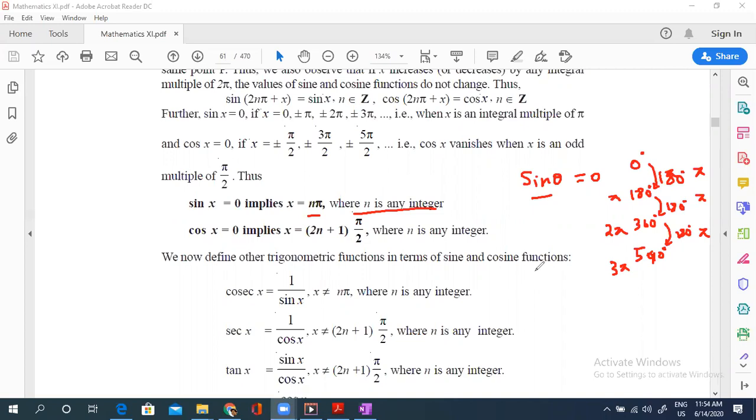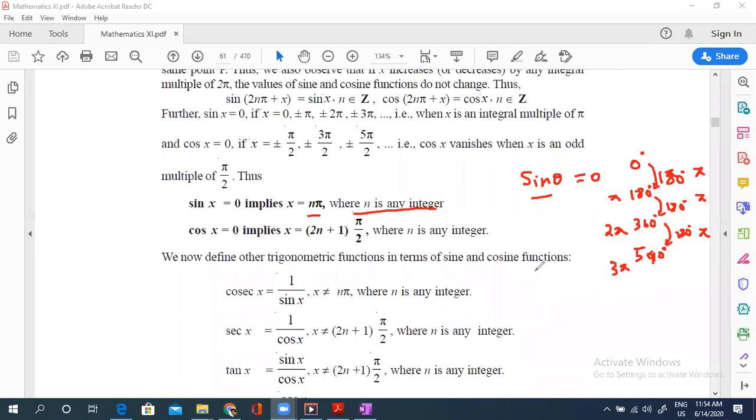No. See, how come? I'm just saying sine theta is 0 at 0 degree and 180 degree. Okay. Now if you rotate it again, then again it will come to 0 and 180.